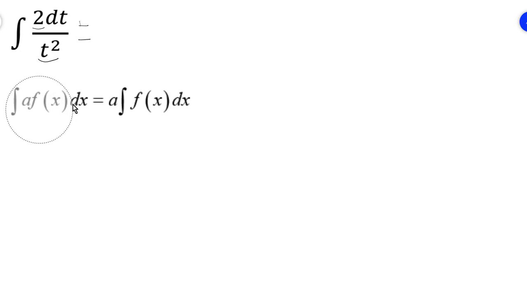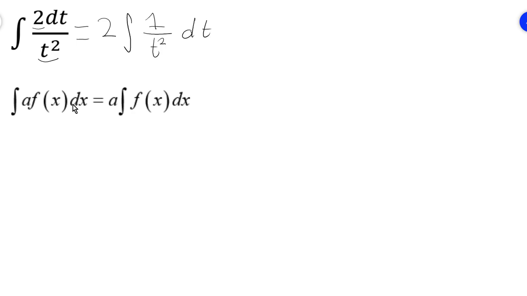So let's apply it. We're going to get 2 out of the integral multiplying the integral of 1 over t squared times dt. This is the same as having the dt up here and not having the 1.